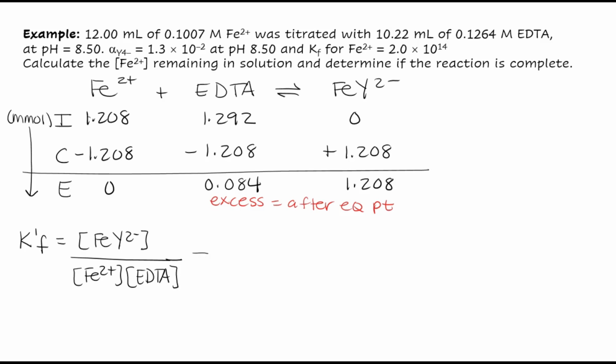And we're rearranging this to solve for the iron 2+ molarity. So that will give us Fe2+ equals the complex FeY2- divided by K prime F times the molarity of EDTA.